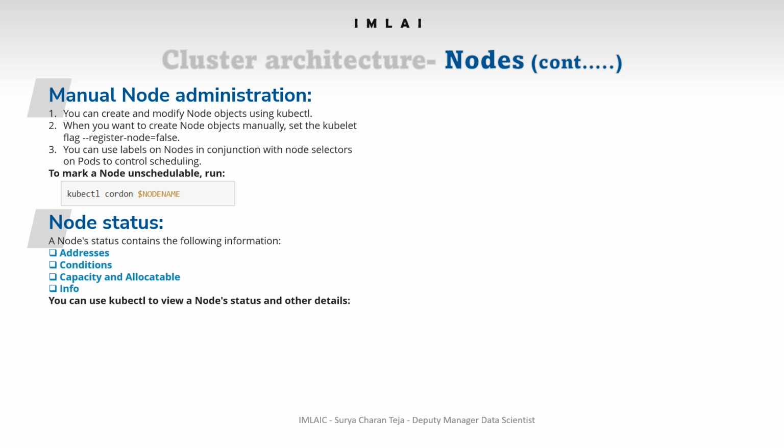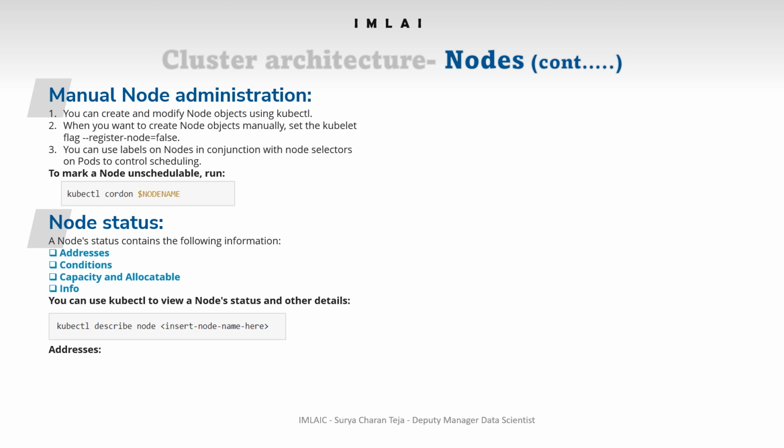When you look into the addresses, for that the command that you have to use is kubectl describe node. When you mention kubectl describe node and insert the name of the node, it will show you the required information about the node.